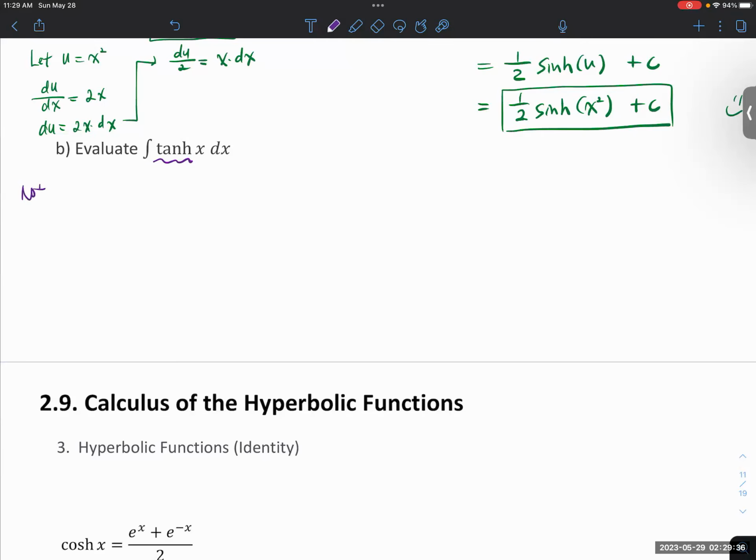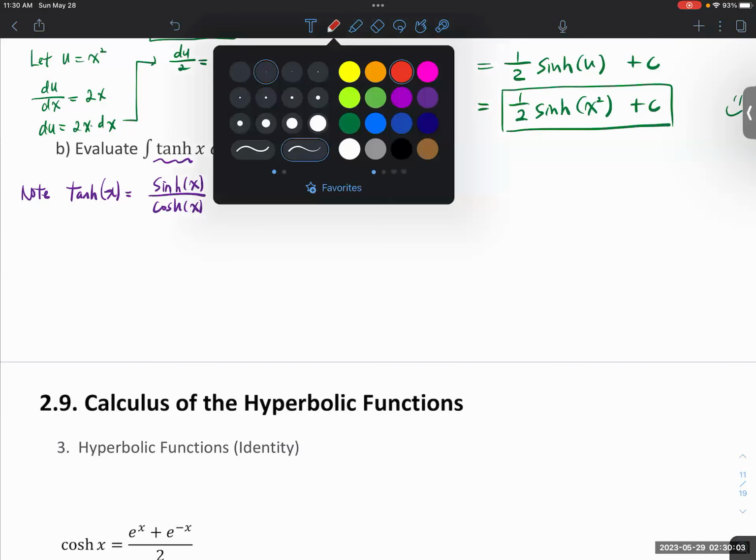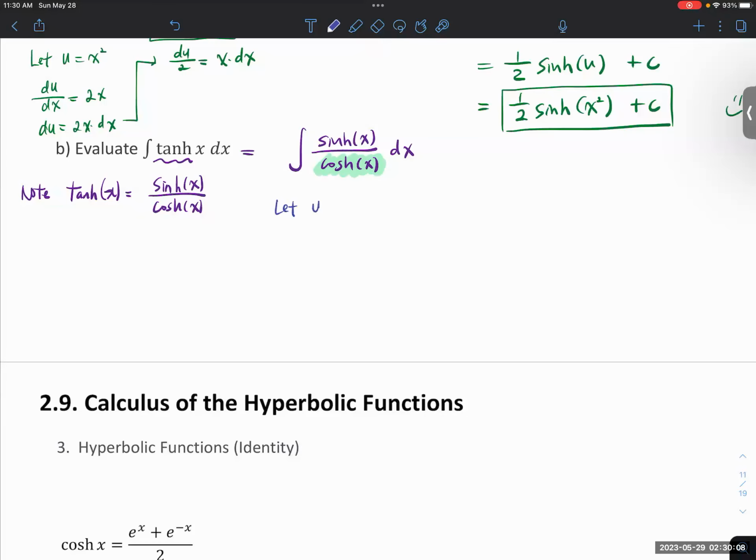So note, tanh x is the same as sinh x over cosh x. So it's going to be the integral of sinh x over cosh x. So we are going to take the integral. And do you remember, for the u substitution, the denominator will be the u. So we're going to use the same strategy. Let u equal cosh x, correct?